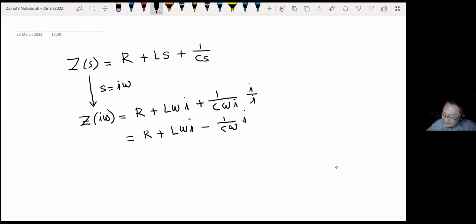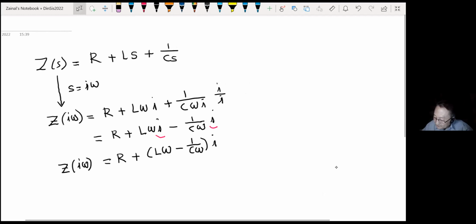Now we have I. Therefore, what we have is R plus I times L omega minus 1 over C omega. Okay, that one is Z I omega.